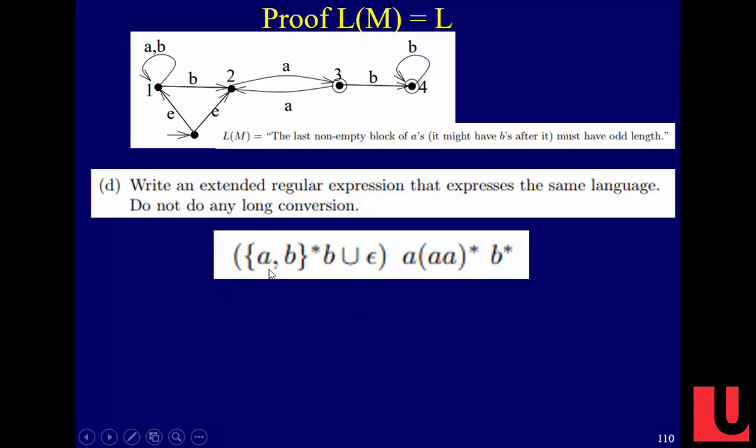So this is any string ending in B, or the empty string. What's this? This is an A, so you have at least one A, and then R times we spew out two A's. So how many A's are we going to have? 2R plus 1. This is an odd number of A's. And then over here, any number of B's. It could be empty. Everybody buy that?